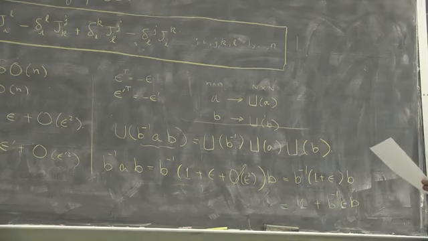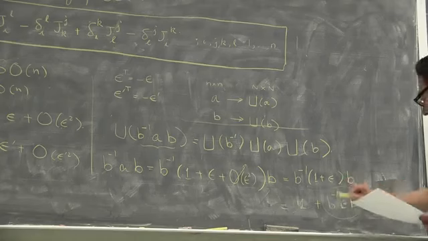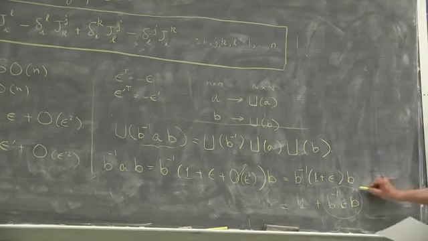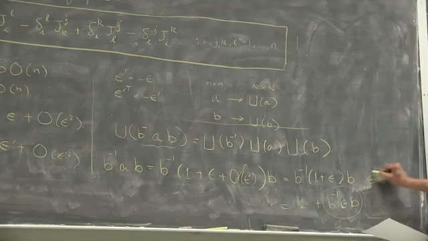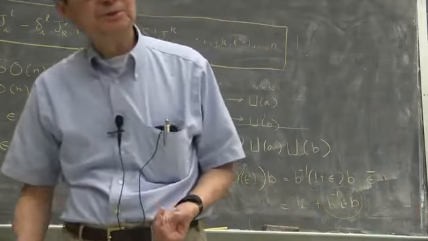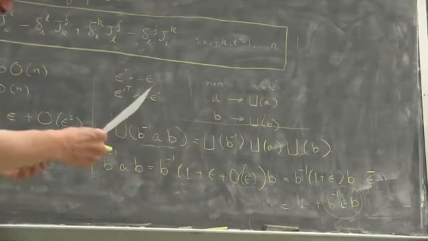So I'm going to define this thing, let me just call this guy epsilon bar. Okay? Epsilon is small, so epsilon bar is going to be small also, again, to first order in epsilon. Okay?